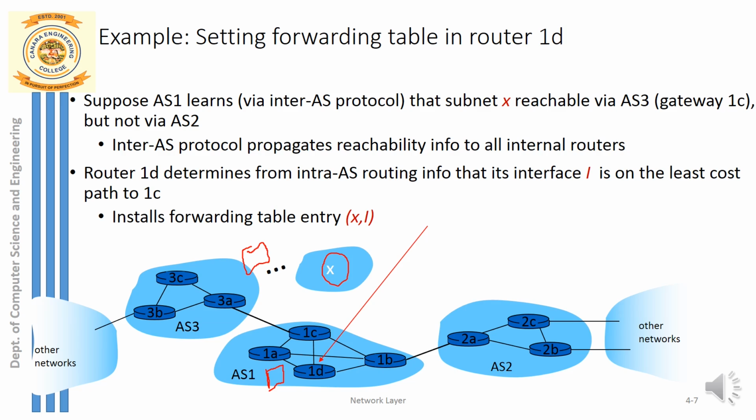That subnet's information first should be propagated to 3A, from 3A to 1C, and then from 1C to router 1A.